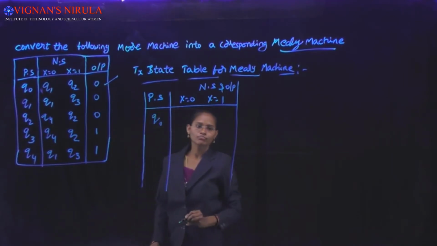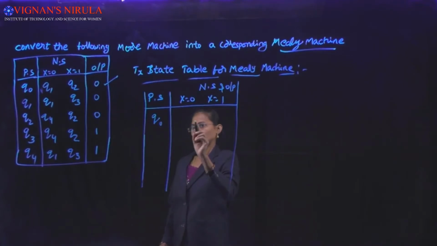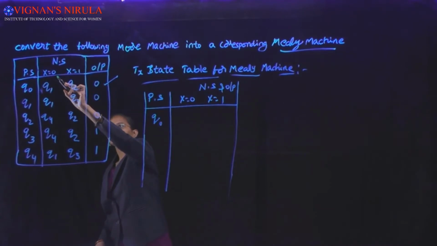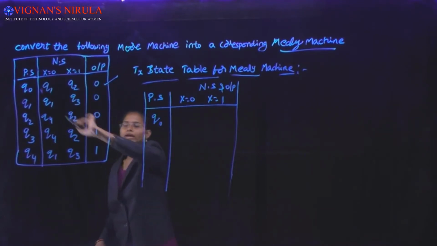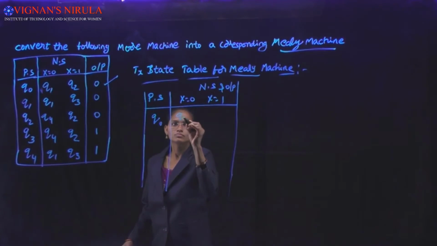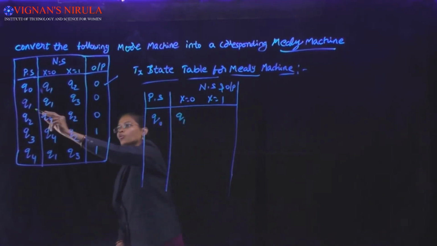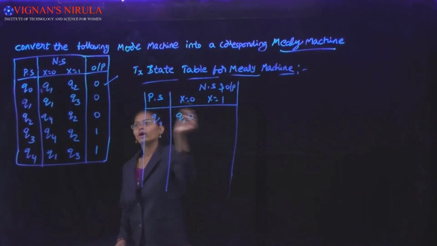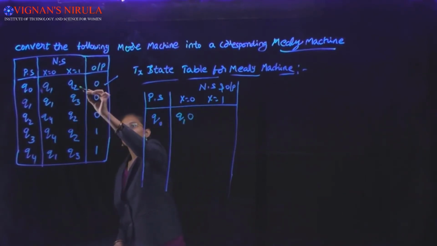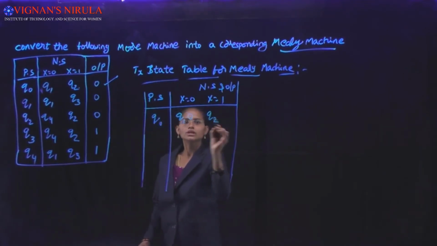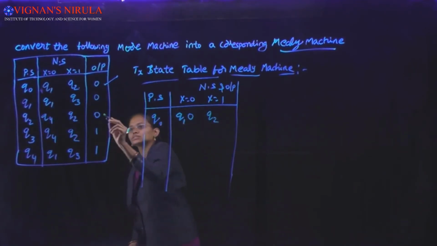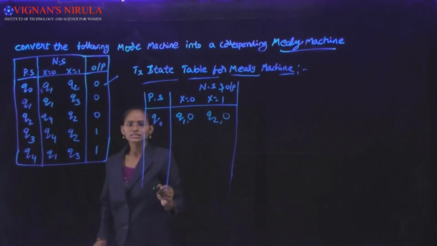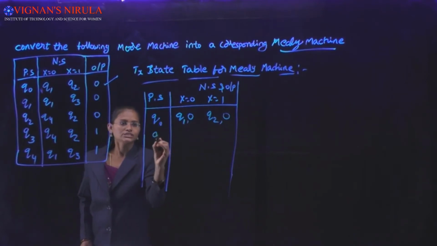Q0. Here the Q0, if x equal to 0, the next state goes to Q1. Here the Q1 output is 0. And next, if x equal to 1, the next state goes to Q2. Here the Q2 output is 0. And next state is Q1.